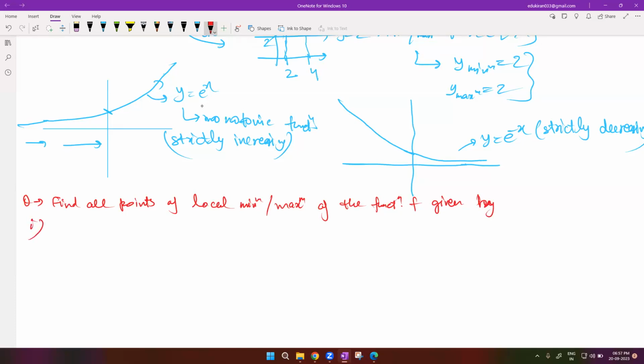So let's take the first question, which is to find out when this will be a local minimum or maximum in its domain.